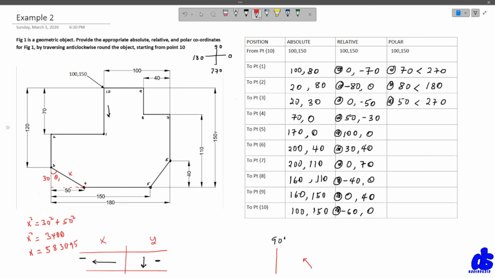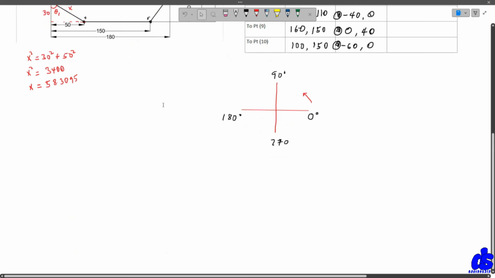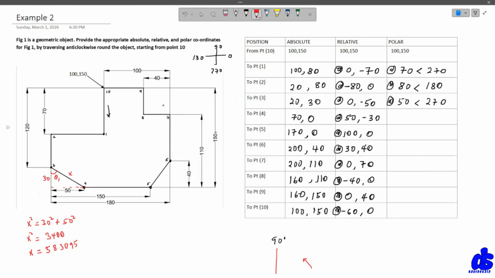Next, we need to find the angle. So we know the opposite and the adjacent, 30.